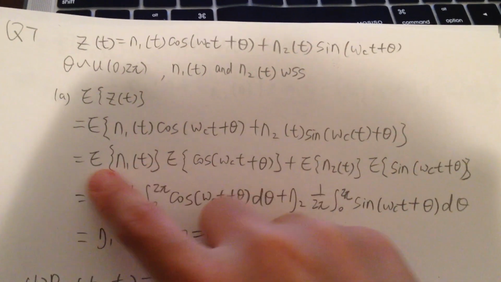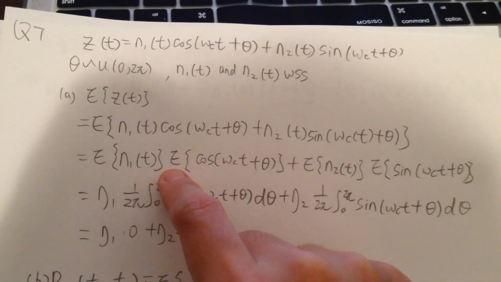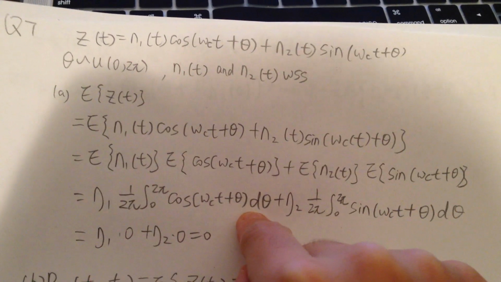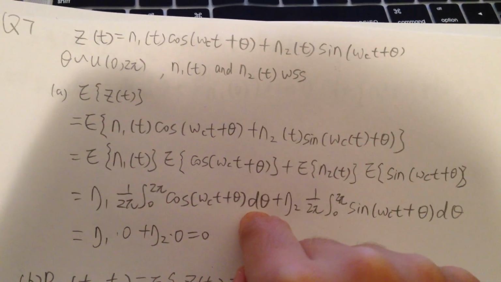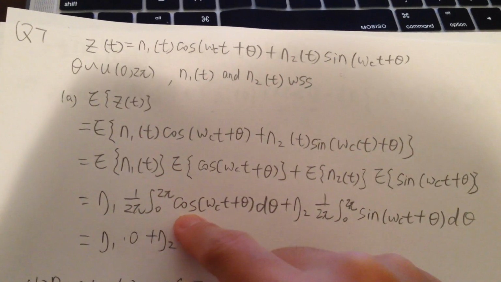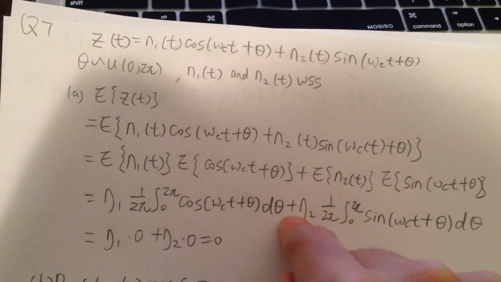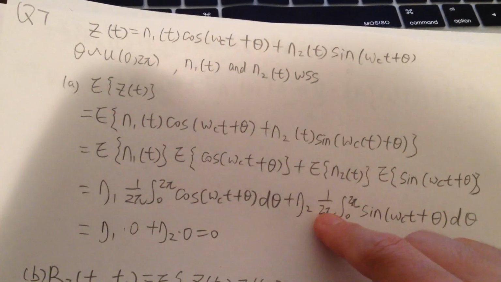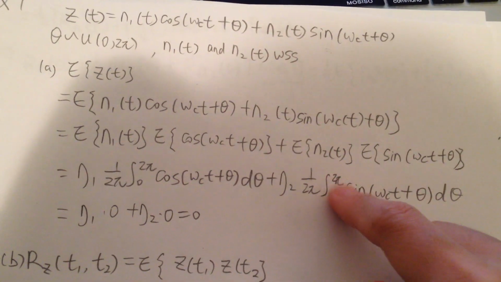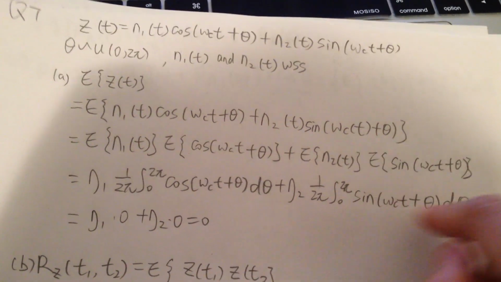We just let E1 and E2 be the expectations of N1 and N2. According to the definition of expectation, we can list this integral: E1 times 1 over 2π, the integral from 0 to 2π of cosine(ωc t + θ) dθ, plus E2 times 1 over 2π, the integral from 0 to 2π of sine(ωc t + θ) dθ.